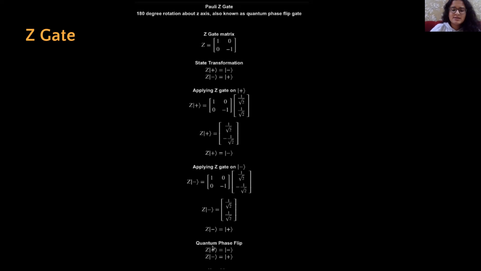And because this is changing the angle phi of the qubit with respect to the X axis, the application of the Z gate is also known as quantum phase flip. The X gate was quantum bit flip and the Z gate is quantum phase flip.